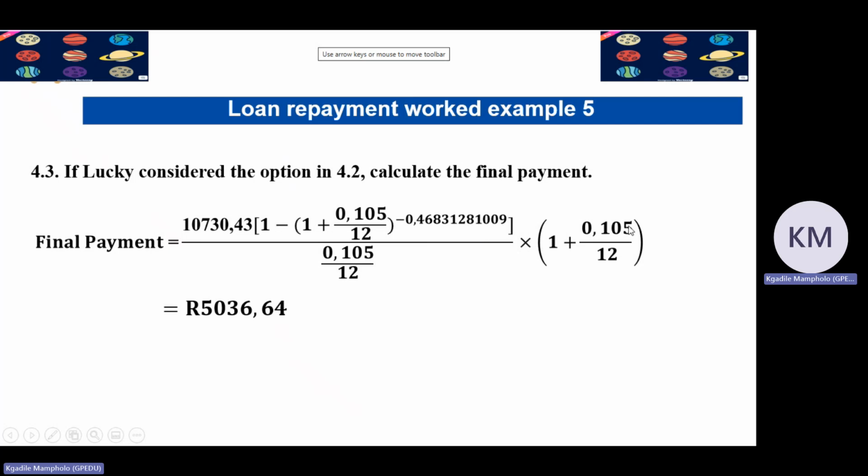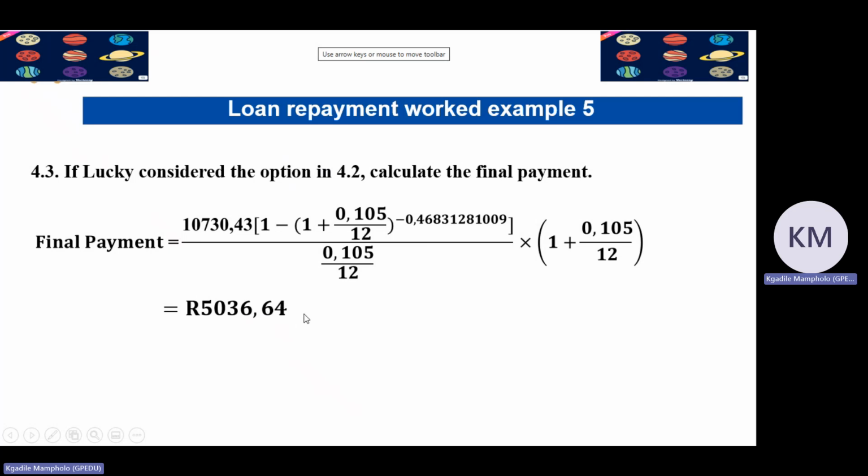Why do you multiply by this? It means it will be the outstanding balance after you made the 46th payment plus the interest of the 47th month. Then the answer will be the final payment.